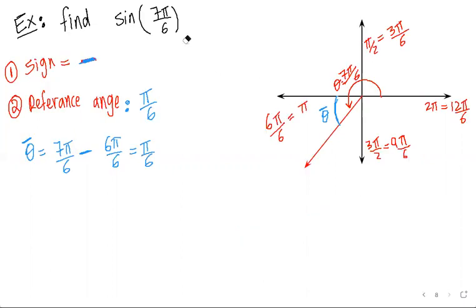Okay, so the sign is negative and the reference is pi over 6. Now to evaluate sine, use the red color, it is better.